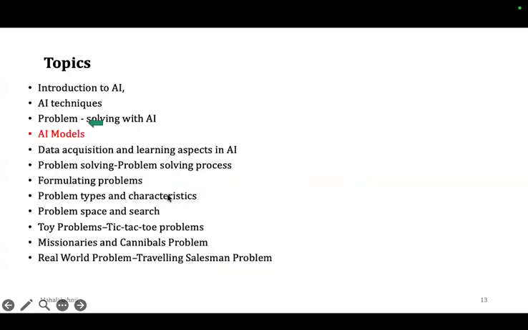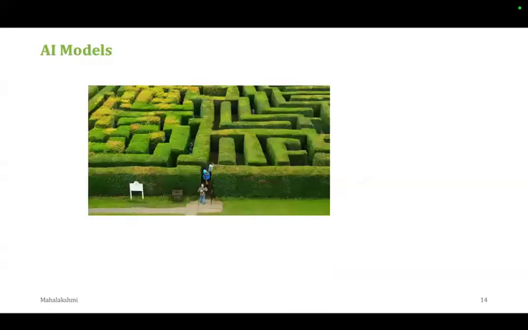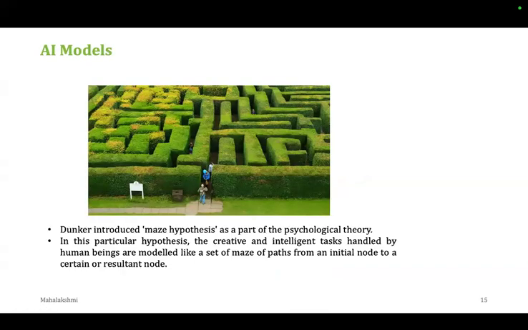Then the next topic is AI models. So what are the AI models? The first AI model is the Maze hypothesis, which was introduced by Dunker as part of a psychological theory. In this hypothesis, the creative, intelligent tasks handled by human beings are modeled like a set of mazes of paths.